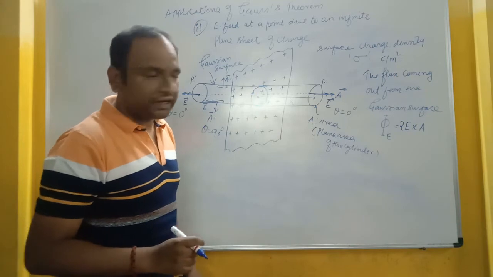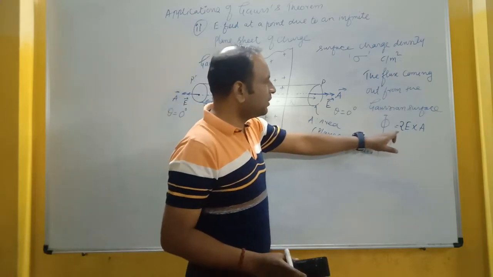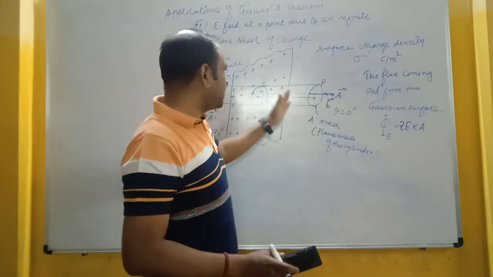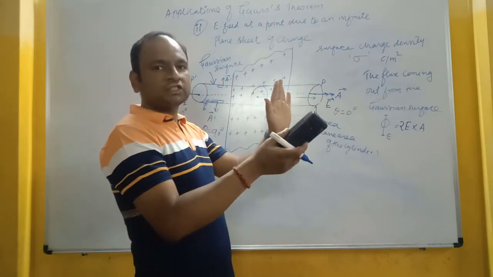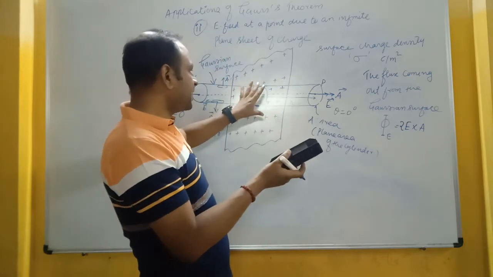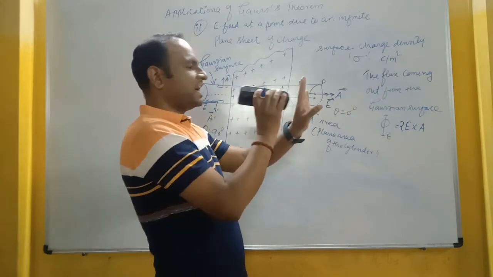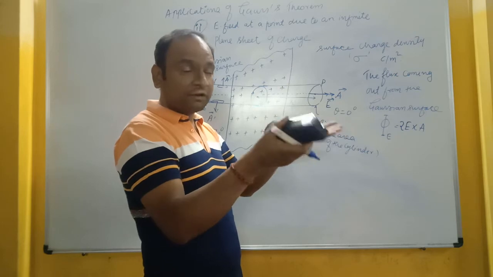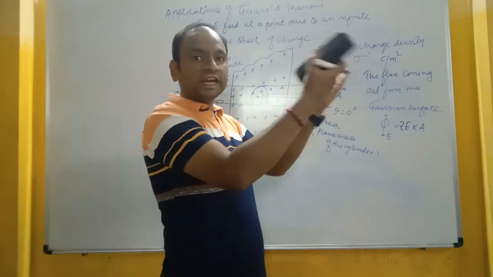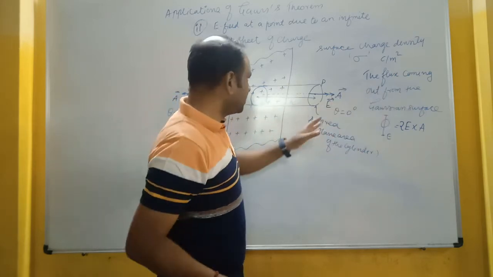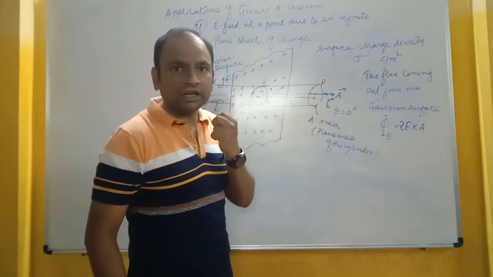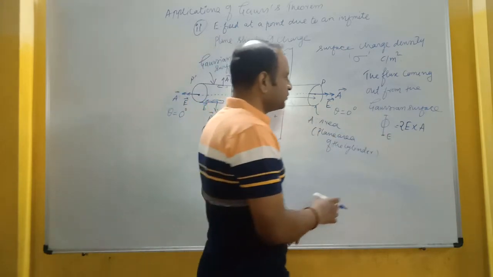So this phi E is equal to 2 into E into A. Why have I multiplied by 2? Because there are two directions in which the flux would be coming from this very area, and both of these fluxes would be added up. Why added up? Because both of them are coming outside the surface. So EA plus EA would be giving me what? 2 times E into A. Okay, that is equation number 1.